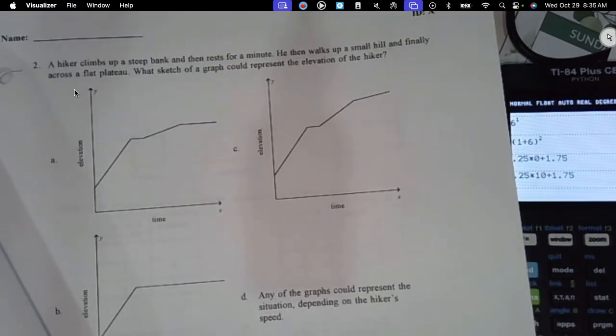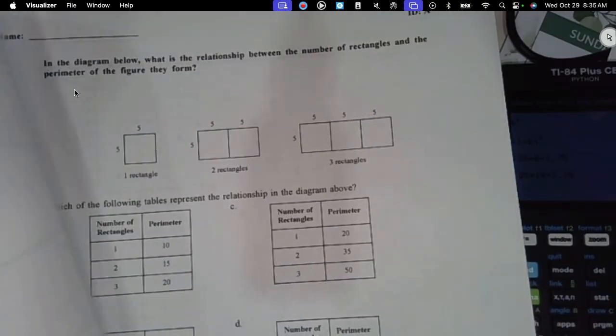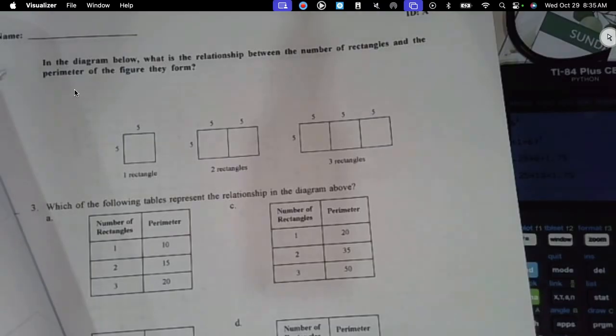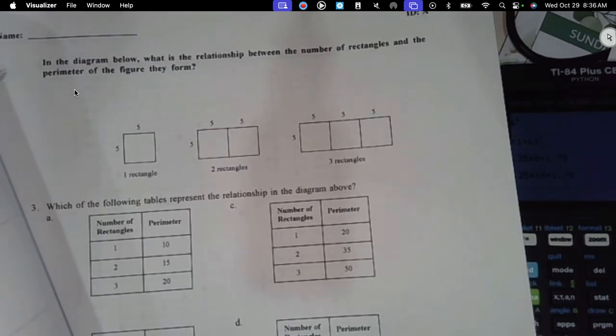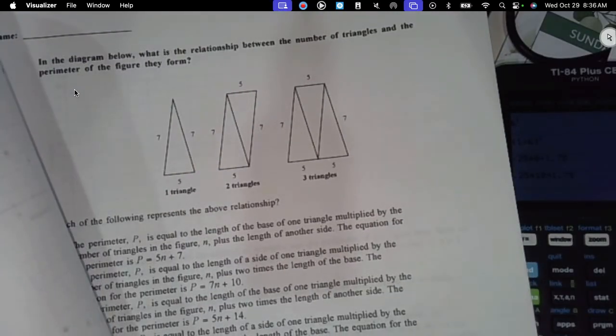Then the next one is the rectangle. It's got the rectangle with the perimeter, the graph, and the words. So then it had the rectangles, the graphs, and the words. Then I have, gosh, how many problems are on here?